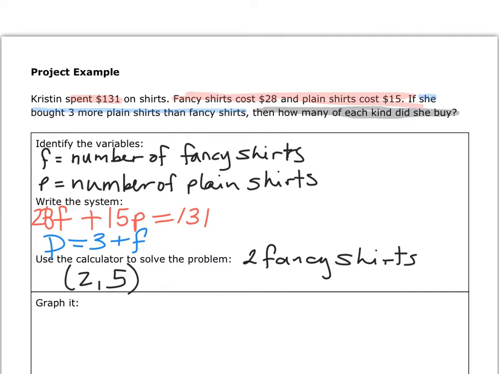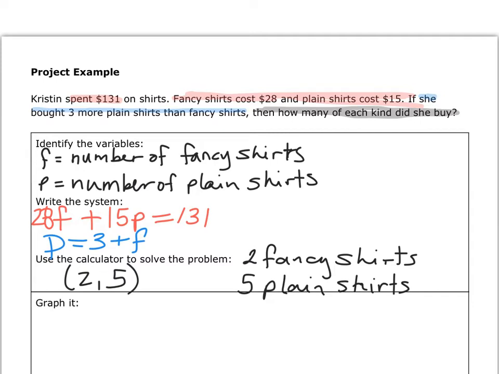Kristen was buying those. How many did Kristen buy? All right, and then how many plain shirts did she buy? 5. So Kristen bought 2 fancy shirts and 5 plain shirts.